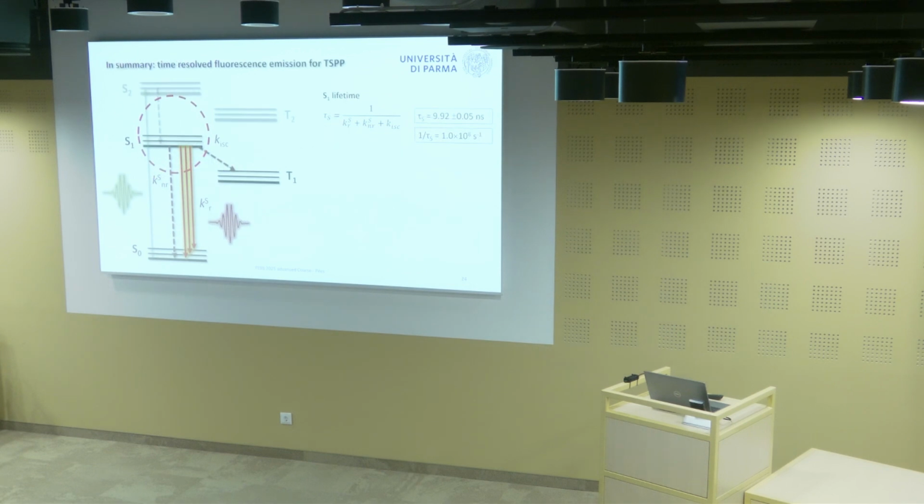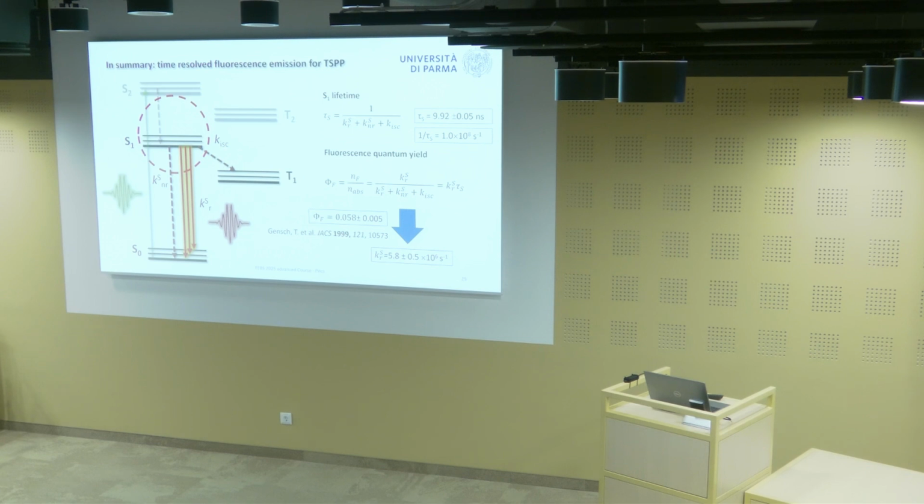In summary, let's go to quantitative estimates. We measure lifetime, and we get the rate from the lifetime, 1/tau. So if you know the fluorescence yield, a very important number, which is the ratio between the number of emitted photons and the number of absorbed photons, then you can exploit this equation to retrieve the value of the radiative rate constant.